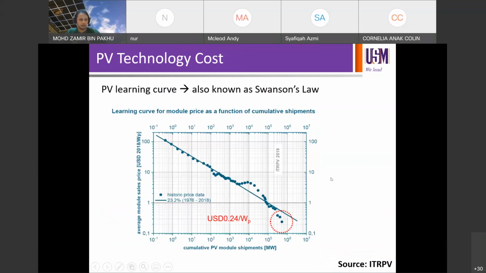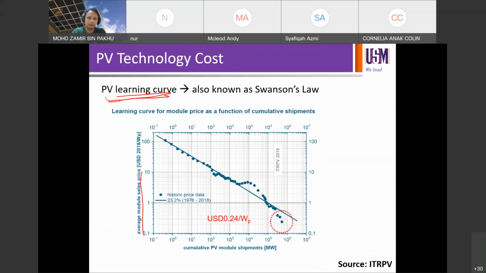If you look at this curve, it is called the PV learning curve. It shows you the technology cost or the sales price of the PV modules back 40, 50 years ago. I'm going to show you later on.